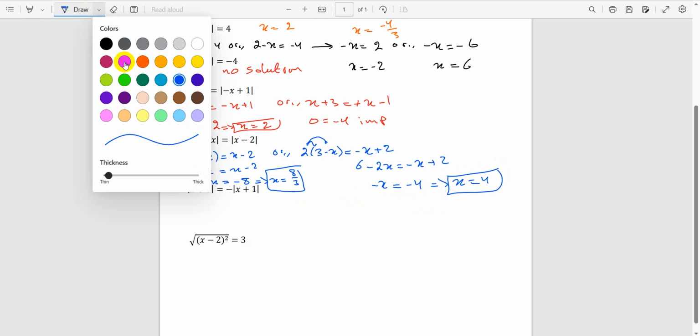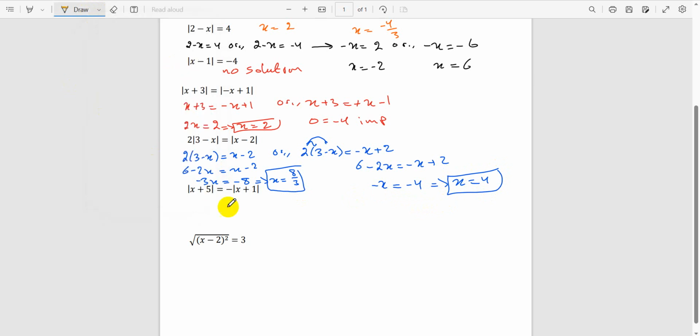For this equality, we have absolute value equals negative absolute value. So I'm talking about a positive side equal to a negative side, which is no solution. Right here, we have the square root of x minus 2 squared. In this case, according to the formula, the square root of x squared is equal to absolute x.